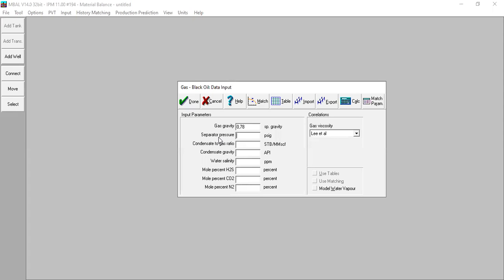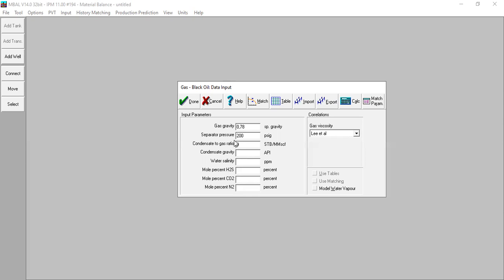Okay, so the measurement is conducted at separator pressure of 200 psig, and then condensate to gas ratio, CGR, and the unit is stock tank barrel of condensate per million standard cubic foot of gas, STB per MMSCF. The ratio is none, so we don't have condensate here.